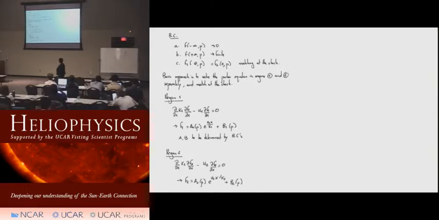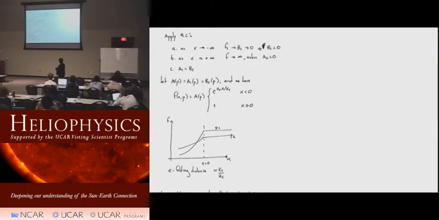And I get this solution that f1 is A1(p) exponential of U1 x over K plus B1(p). In region 2, I'm far away from the shock. I don't have to deal with acceleration either. So the acceleration term goes away. So I have the same equation here, and I get the same solution, but with different coefficients, A2 and B2, okay?